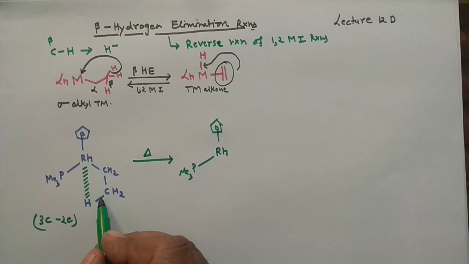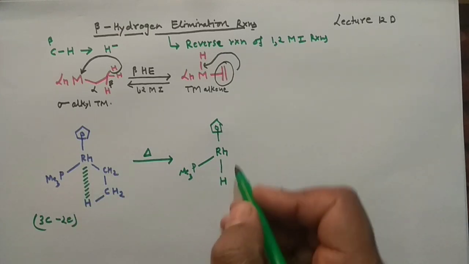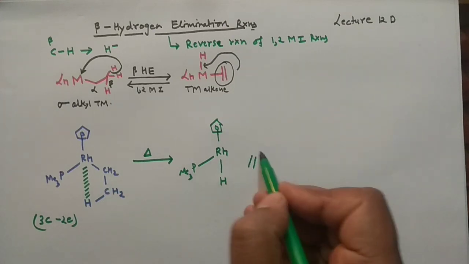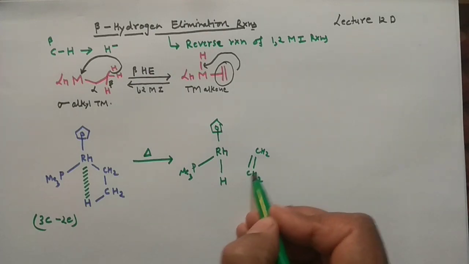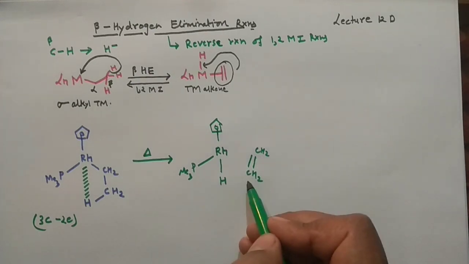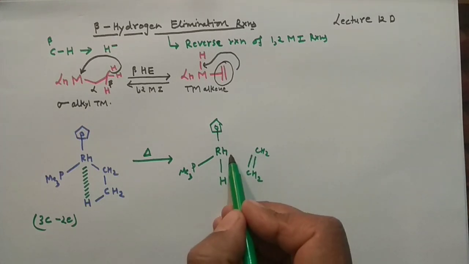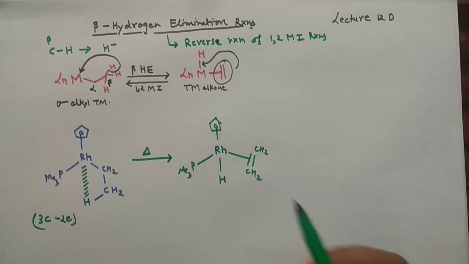And one of the hydrogens now will shift towards this rhodium, so you will have your hydrogen here, and this single bond would be converted into the double bond, right? That means CH2 would be here, CH2 would be here. All the valency of these two carbons are satisfied, so this rhodium cannot connect along with this one, so it will connect through the center. So this is your metal alkene complex, right?